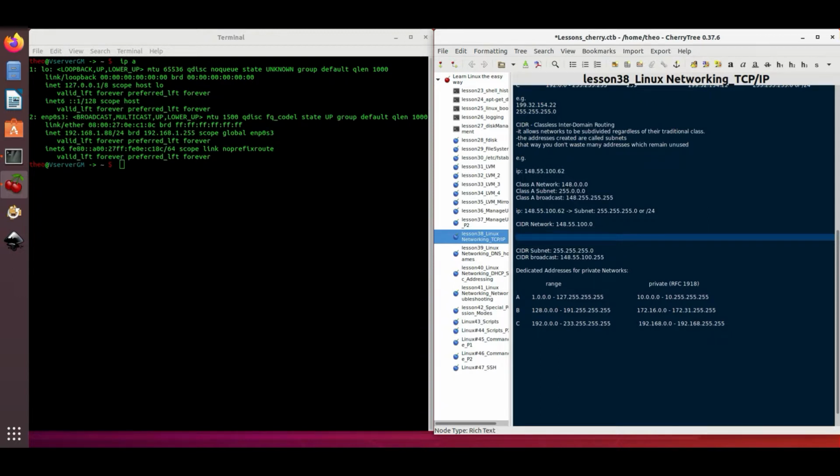So if we want the available IP address range, then we take the network and we begin from the first address, and we go until the broadcast, but without this one. So we go one IP address before the broadcast address, and this is our range.